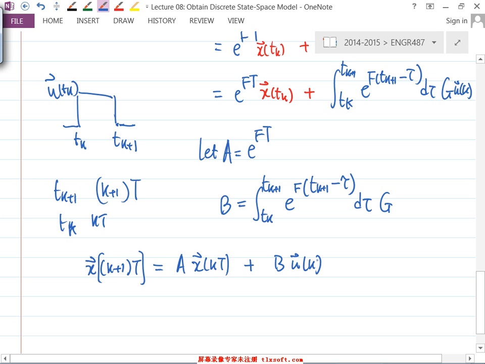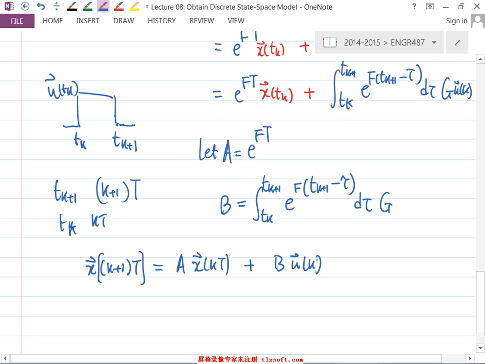Look at that. That's exactly the kind of format we're looking for, isn't it? So basically, A and B are two matrices. They are the system matrices for the discrete state space model.